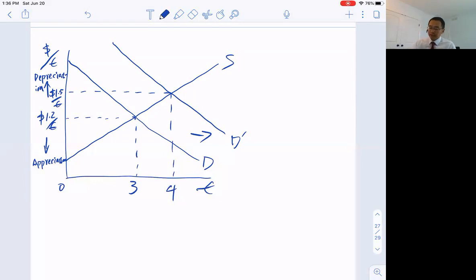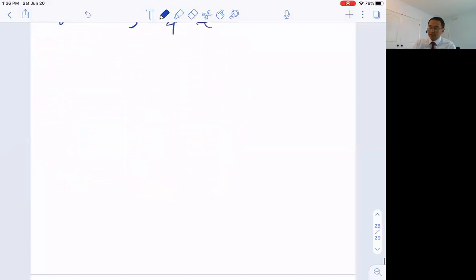Now the next question is, how do we determine if your currency has actually appreciated or depreciated? You might say, against the euro, the dollar has definitely appreciated. But remember, the dollar is traded against almost all other currencies. What if the dollar is appreciating against the euro, but depreciating against the Chinese yuan, and appreciating against the pound, but depreciating against the Japanese yen?